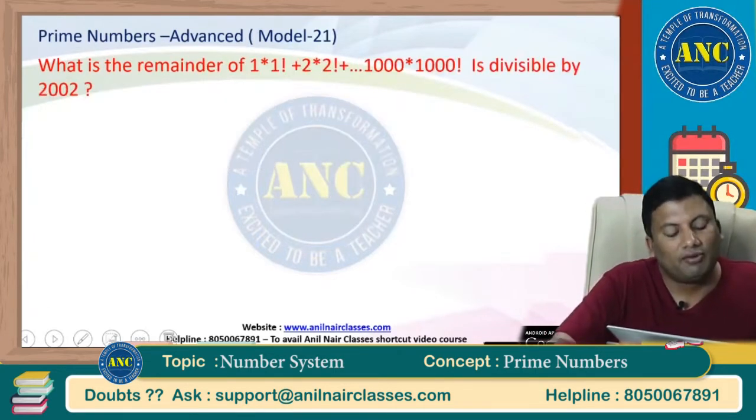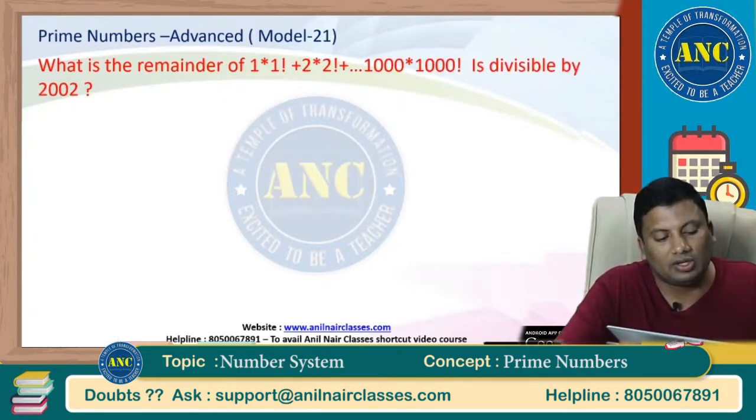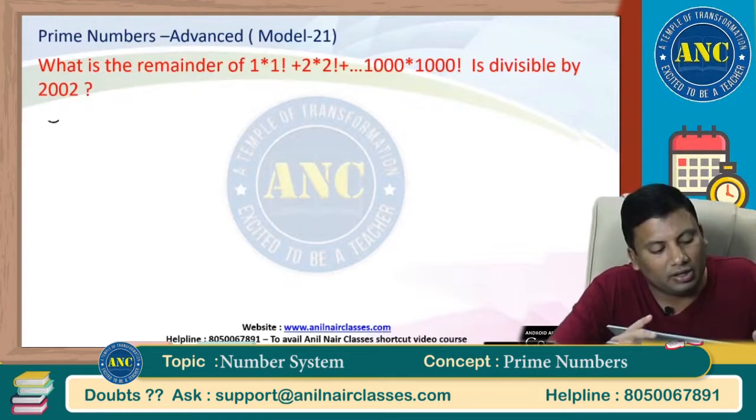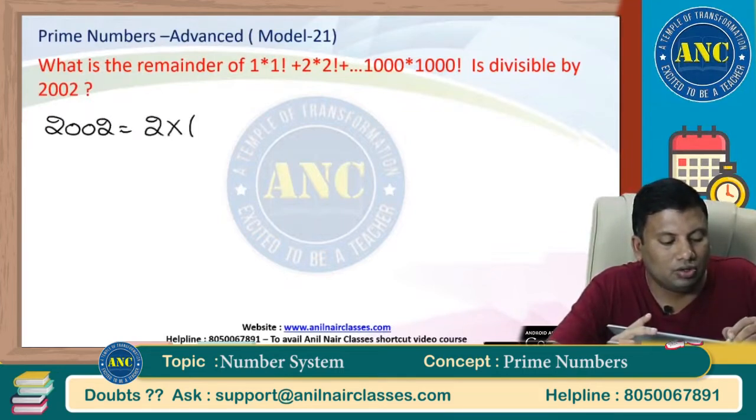Next one. What is the remainder of 1 into 1 factorial plus 2 into 2 factorial up to 1000 into 1000 factorial, divided by 2002? 2002 is nothing but 2 into 1001.